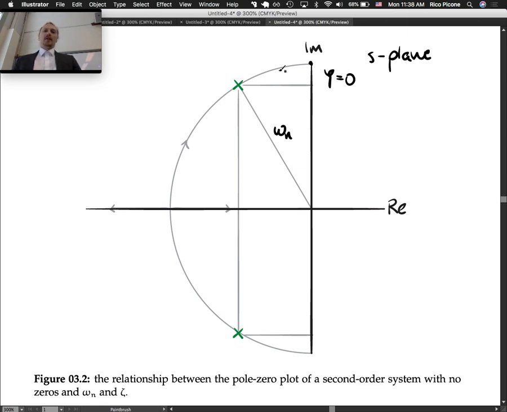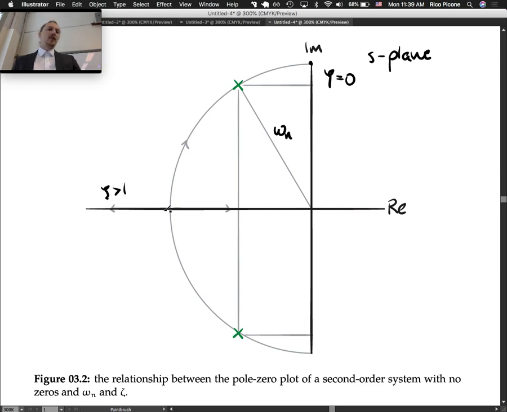So even when it's underdamped, it has a radius from the origin of omega n, which is an important characteristic. Anytime you follow a circle around the origin, you're at constant natural frequency, which is kind of cool.